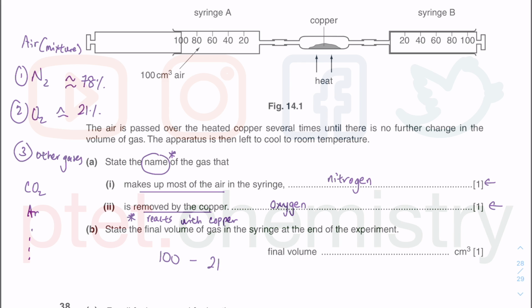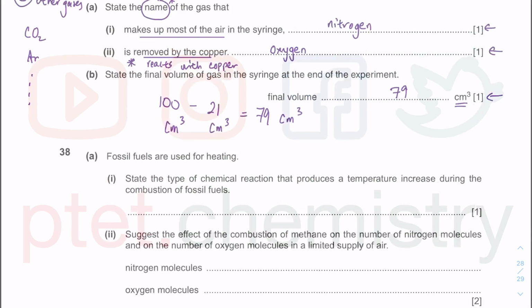So minus 21 cm3, because out of 100 cm3, 78 cm3 will be nitrogen, 21%, meaning 21 cm3 out of 100 cm3 is actually oxygen. So do that on your calculator and you will get 79. Oops, not percent, but cm3, because we are talking about volume. Be very careful about what you are talking about for that 1 mark there.